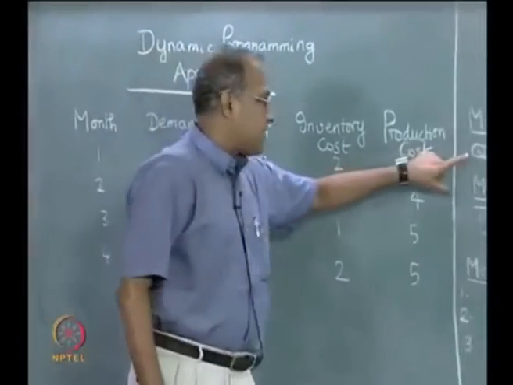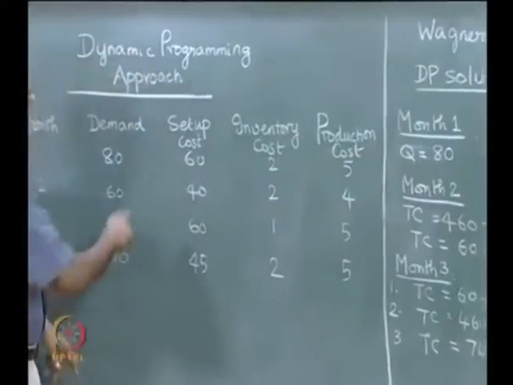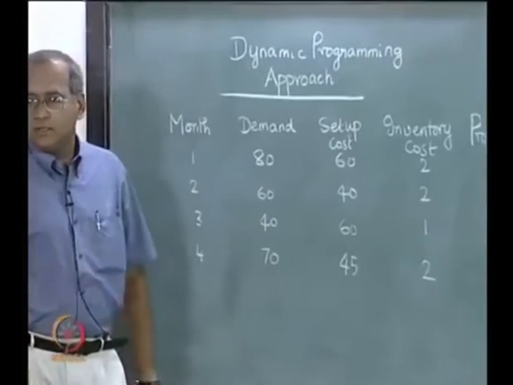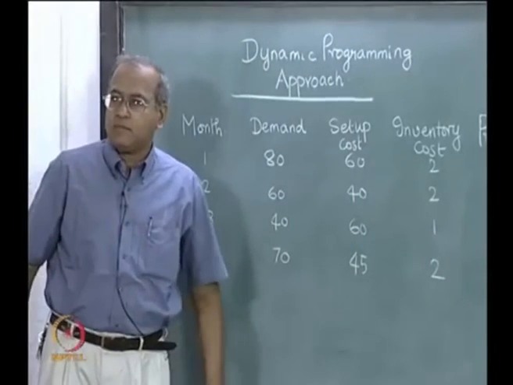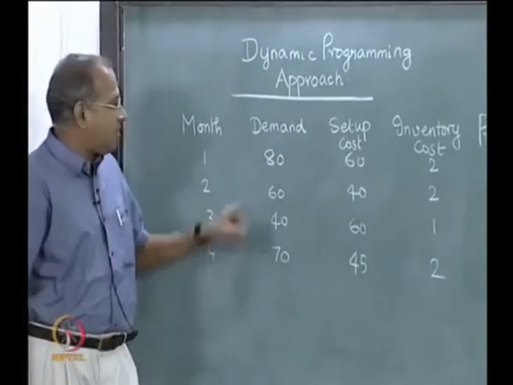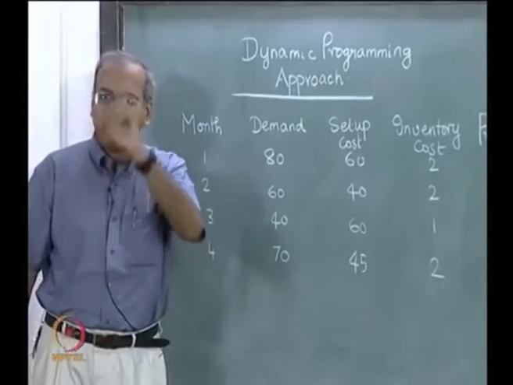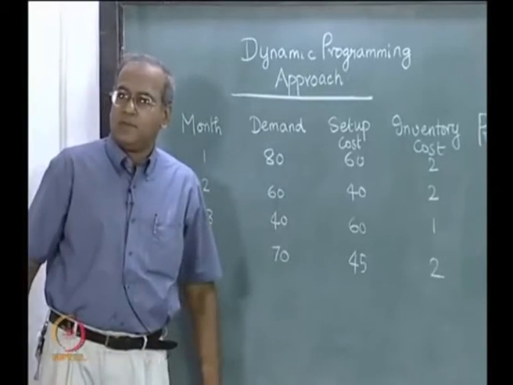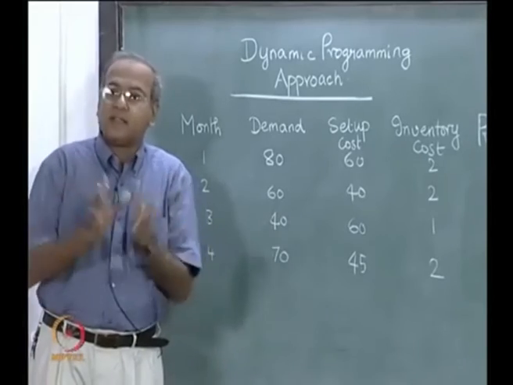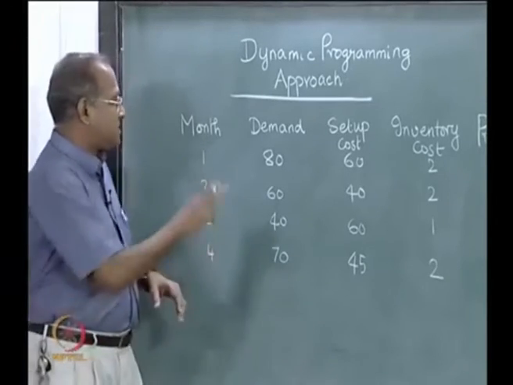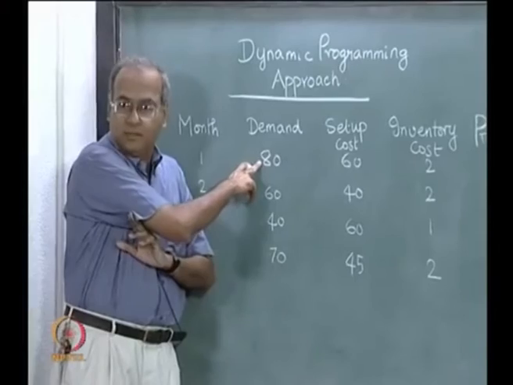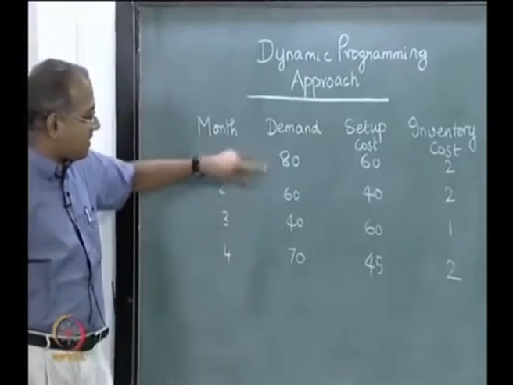See, right here, when we did not allow back ordering, there was no beginning inventory. So, the demand of the first month has to be met in the first month itself. So, we did not consider a situation where the first month's demand was actually met out of producing 140 here.